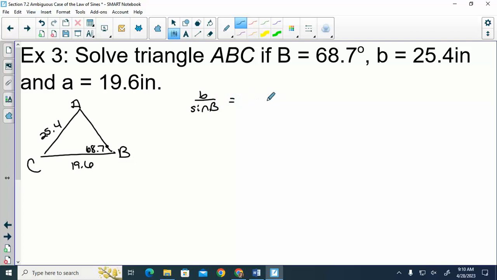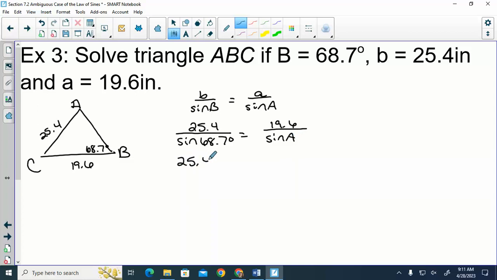B over sine B equals A over sine A, since I gave you side A. So side B, 25.4, divided by the sine of 68.7 degrees, equals 19.6 divided by the sine of A.